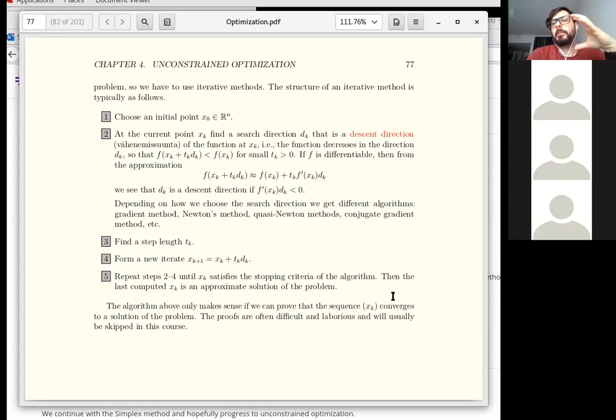When we are at the current point, we find a direction to which we go. In the simplex method, this was basically finding the null variable which we increase, and then we can analytically solve how far we can go there, and we just move there.